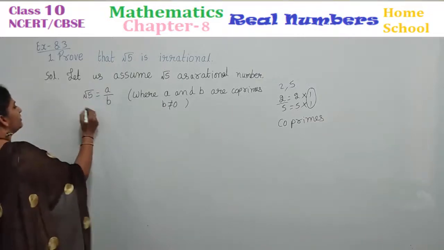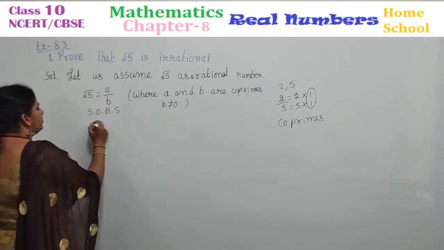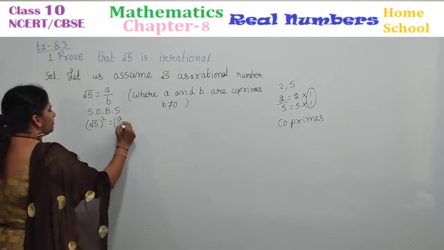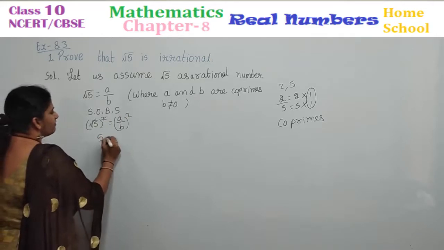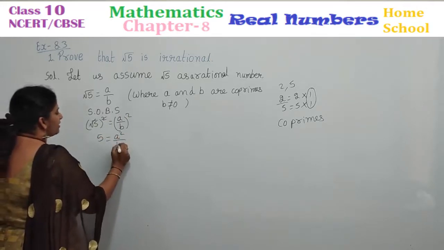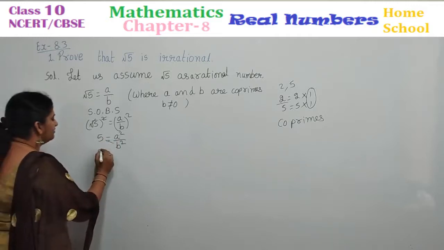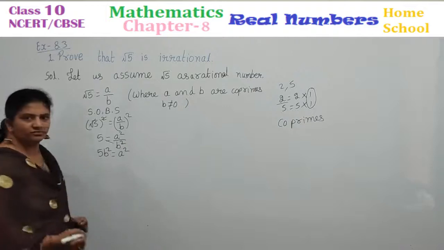Now the next step, squaring on both sides. Root 5 whole square is equal to A by B whole square. The square root cancels, children. 5 is equal to A square by B square. Send this B square this side. 5B square is equal to A square.